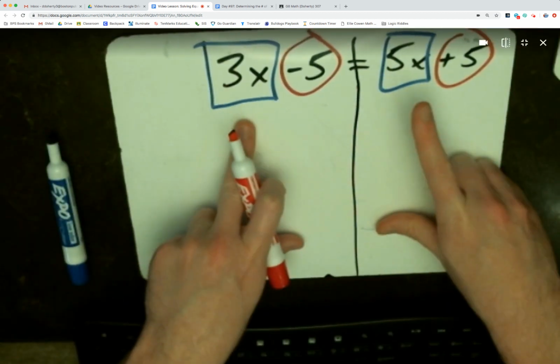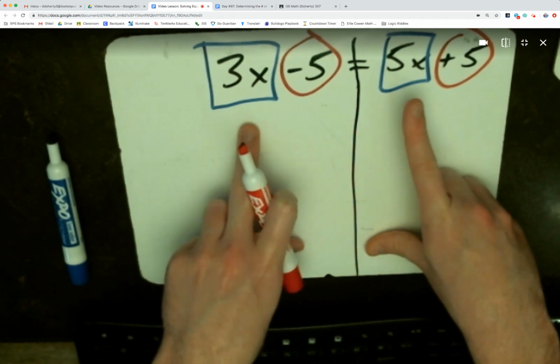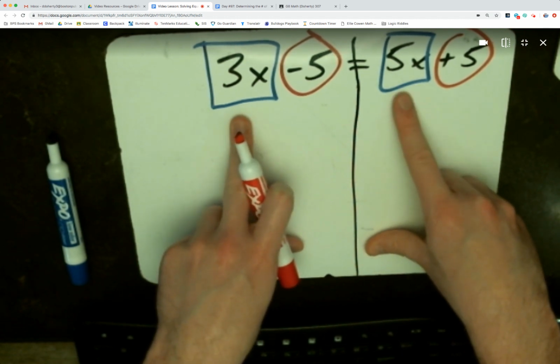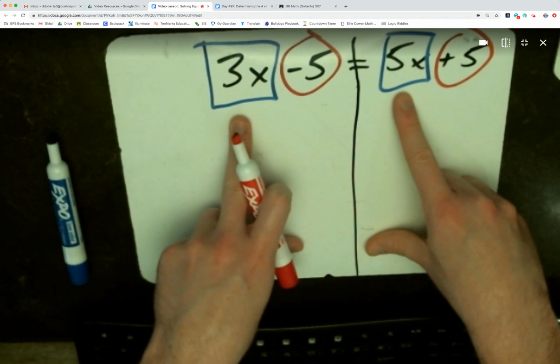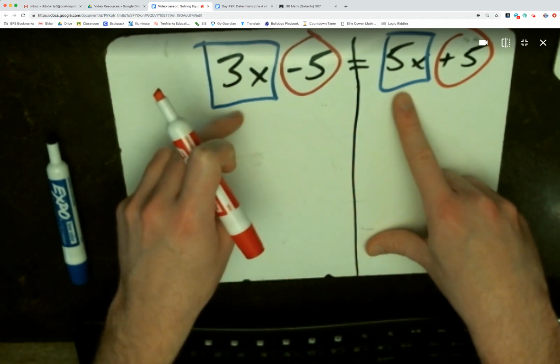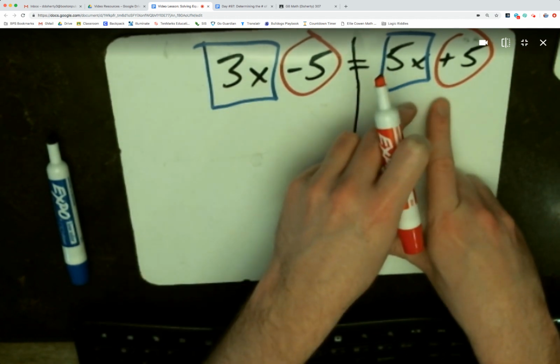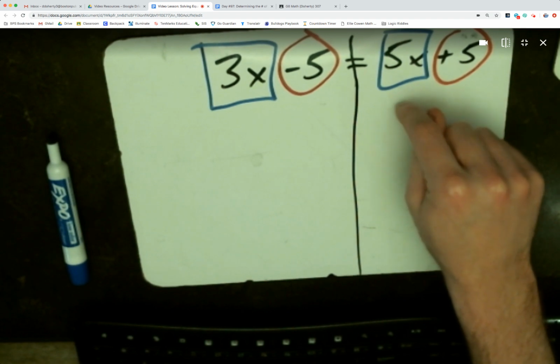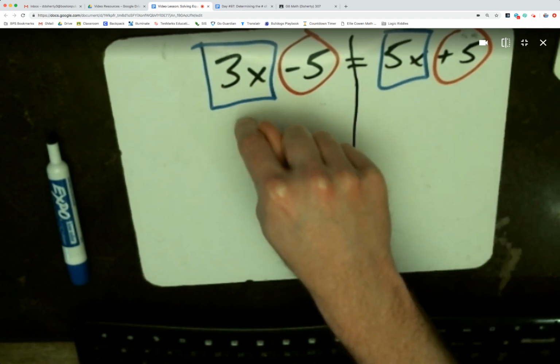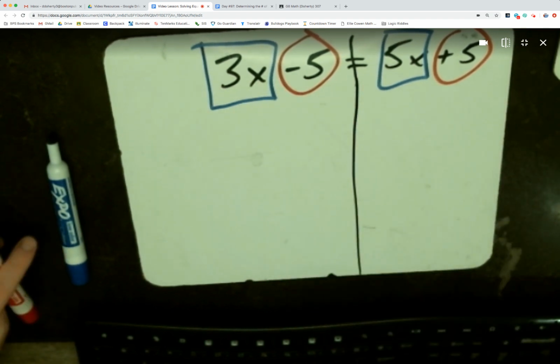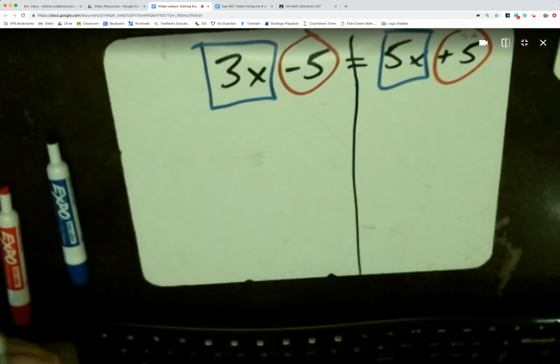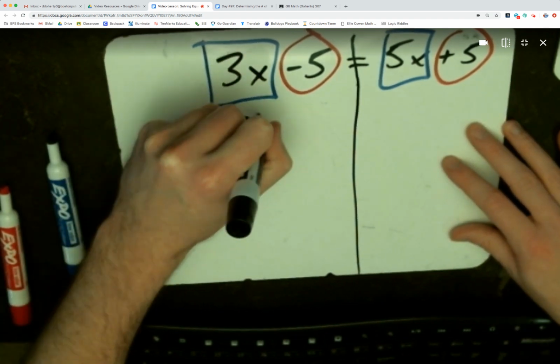So if the 3x and the 5x like terms are not gathered to the same side yet, I'm going to need to use an inverse operation to cancel out either the 3x over here and send it over there, or I could also try to move the 5x from the right side, send it over to the left side where the 3x is. I'm going to choose to move the positive 3x. I'll explain why I picked that one in a second.